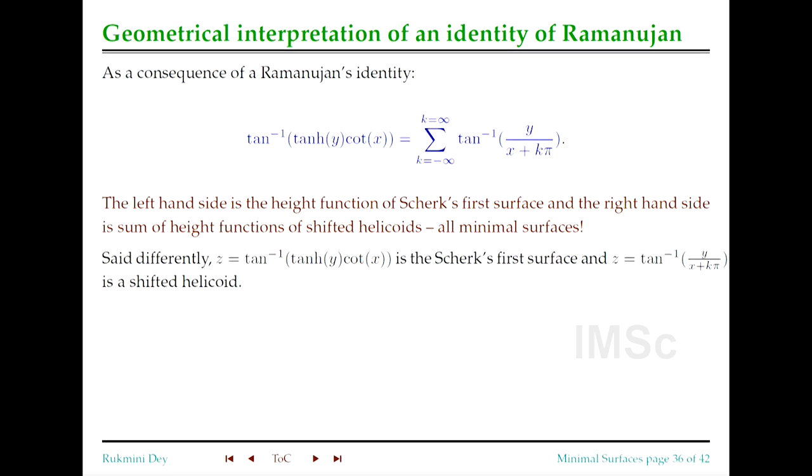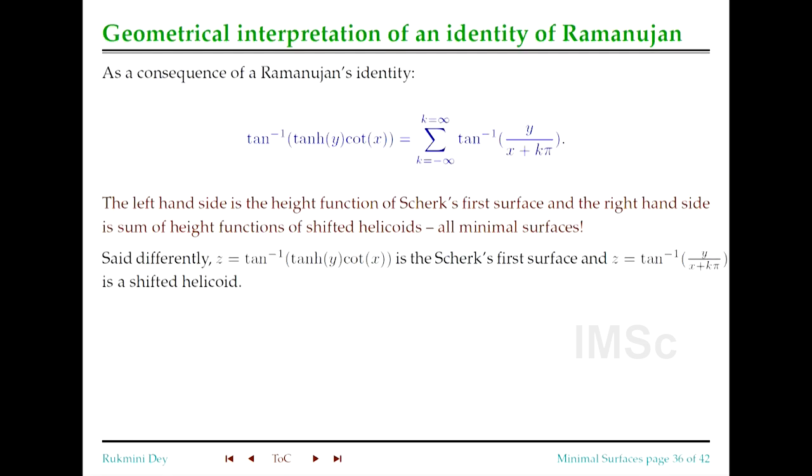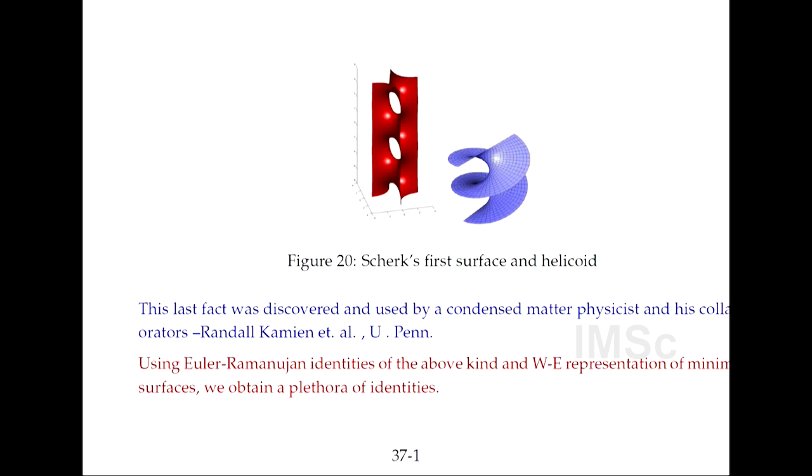This is one of the Euler-Ramanujan identities, but the amazing thing is that this left hand side is a height function of a minimal surface. z equals tan inverse of tanh y cot x is one way of writing this; maybe I will have the picture later on. This one can be represented like that.